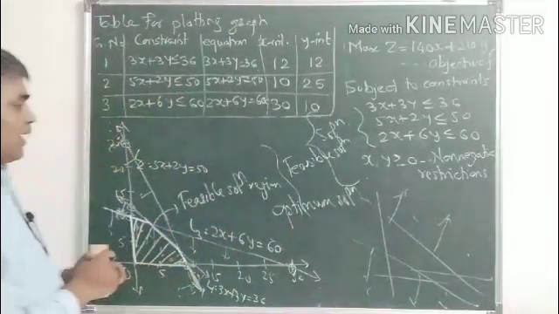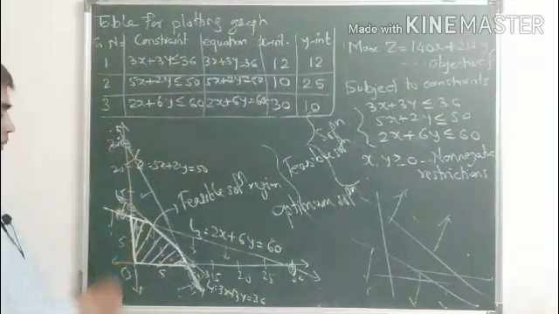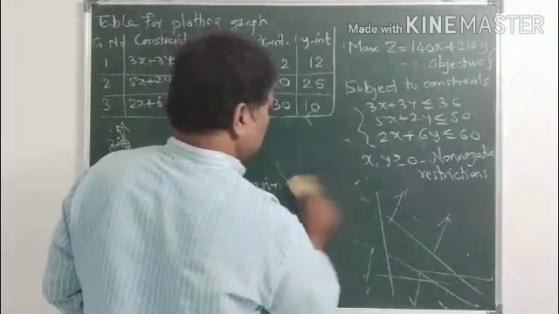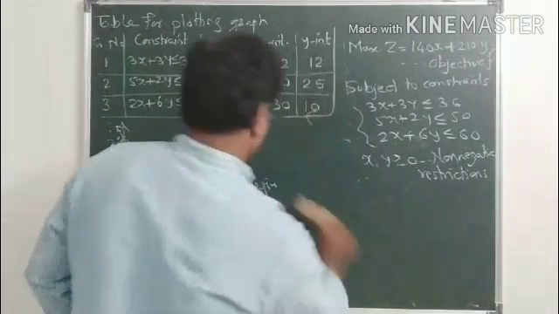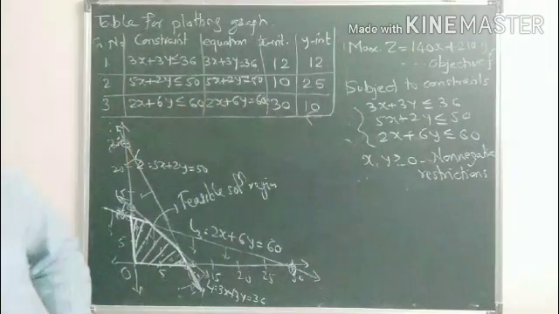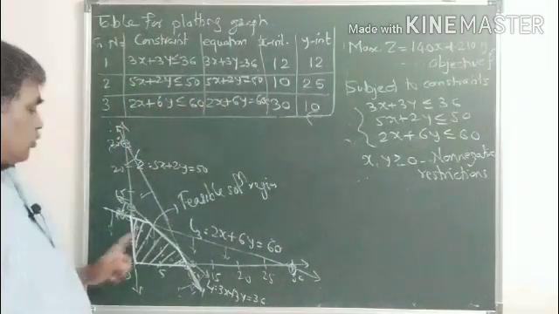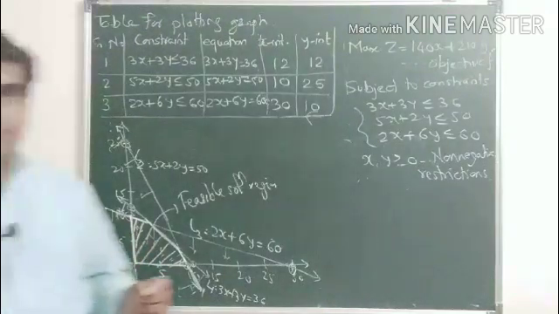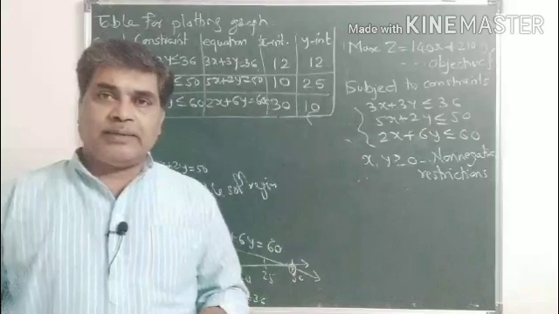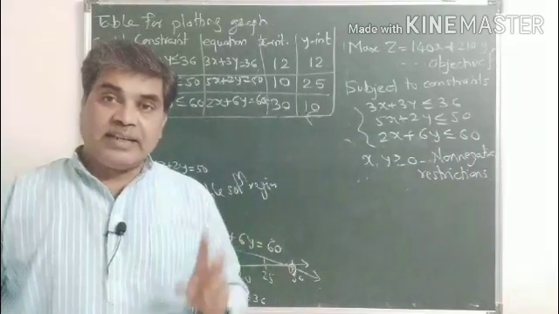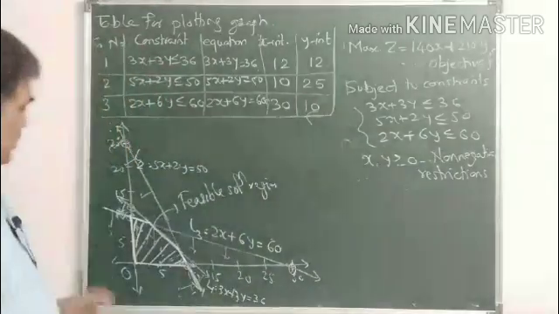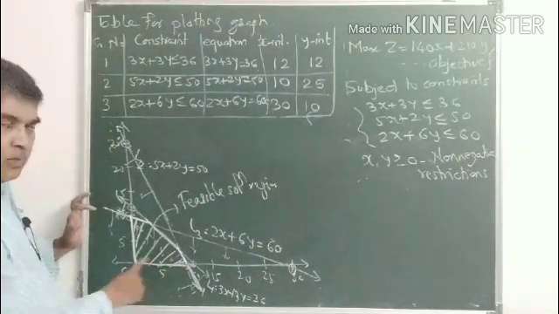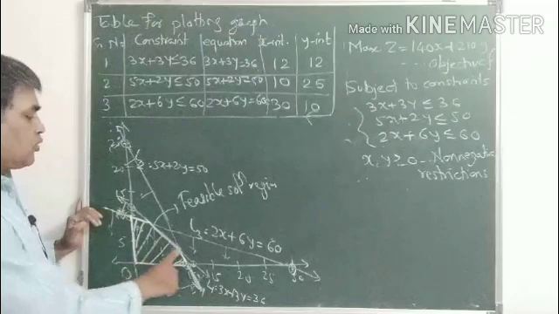Now our aim is to find the optimum solution of the LPP. You have got the feasible solution region now. Our aim is to draw the feasible region. There is one result: the optimum solution of an LPP for a two-variable problem is always attained at one of the corner points of the feasible solution region.